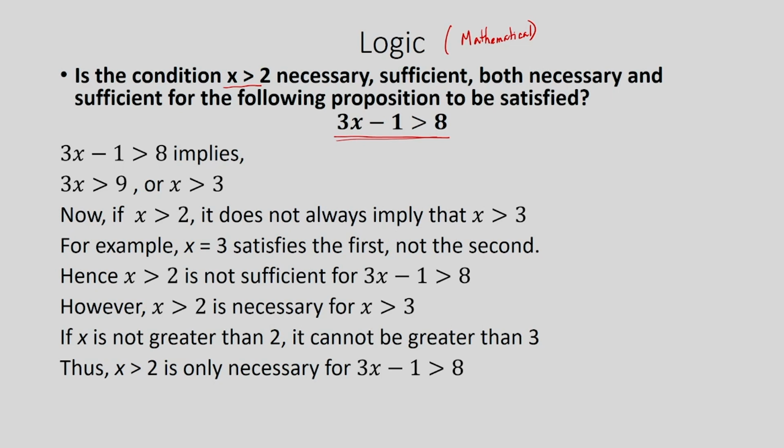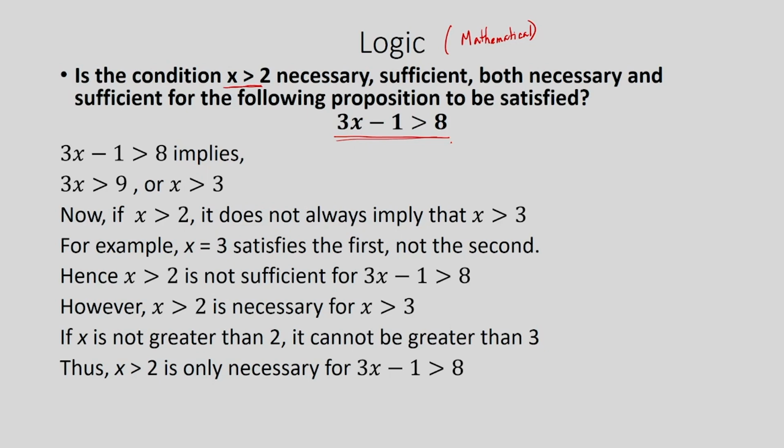X, as we know, is a variable unknown. Now, the question that is being asked is, for this proposition to be valid, right, is this condition x strictly greater than 2 a necessary or a sufficient or both necessary and sufficient, right.